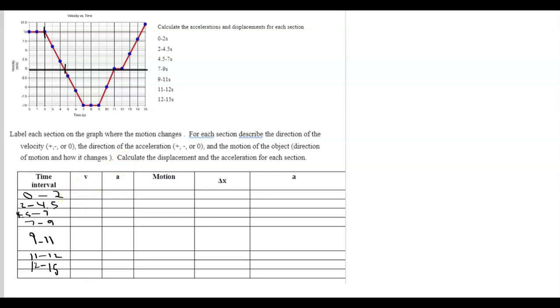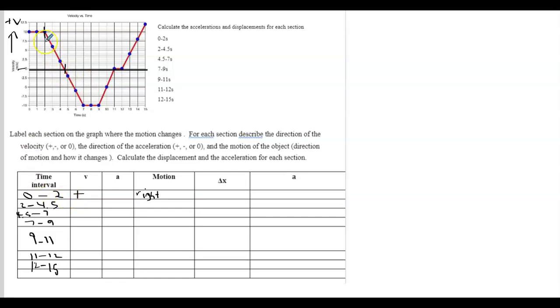You're just looking at where the value is, and we don't have to worry about writing the actual numbers. We'll use those in the calculations. If we look from 0 to 2 seconds, the velocity is a positive value, because this is 0 here, so anything up this way is a positive velocity. Just to remind you, a positive velocity means that it's moving to the right. And let's just start with that part for these sections.